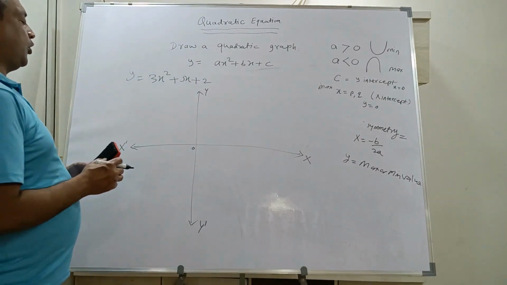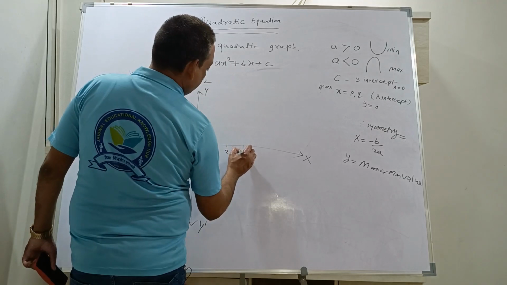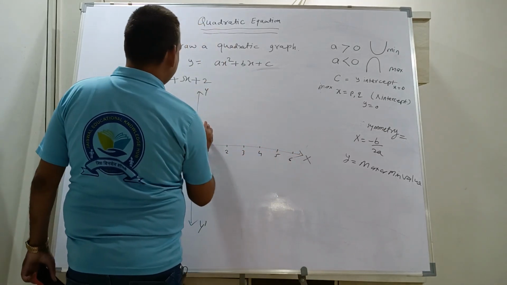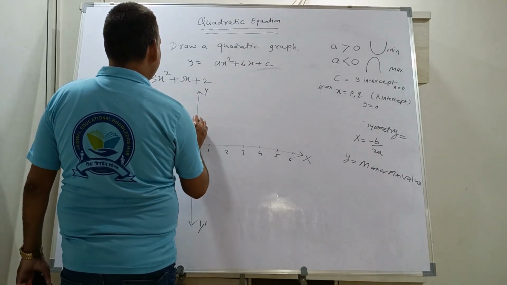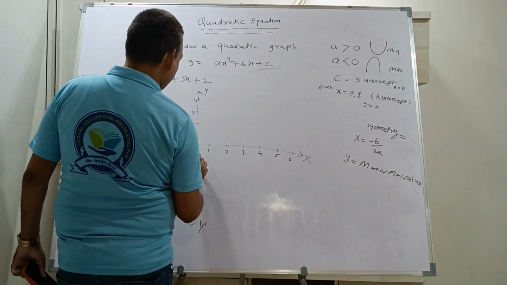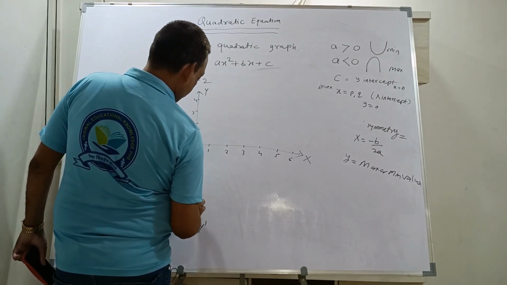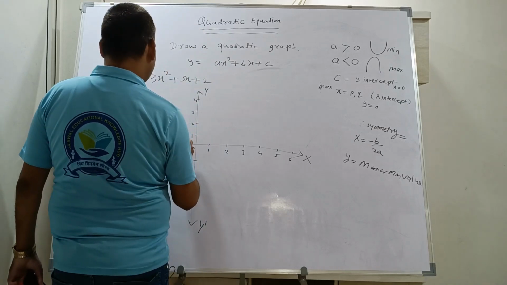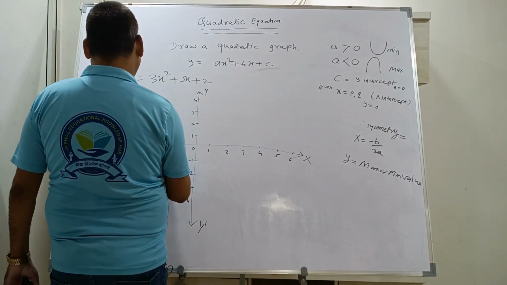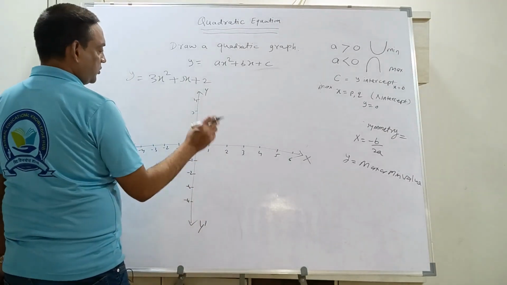Then you can mark the points here like this: 1 2 3 4 5 6, and 1 2 3 4, minus 1 minus 2 minus 3 minus 4, minus 1 minus 2 minus 3 minus 4. This is the first quadrant, second quadrant, third quadrant, fourth quadrant.